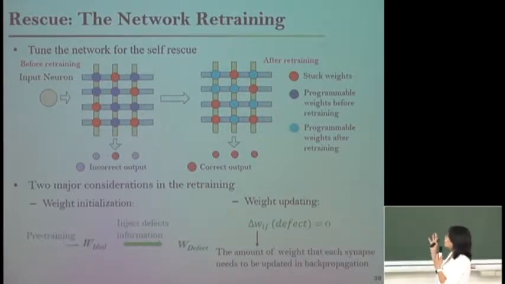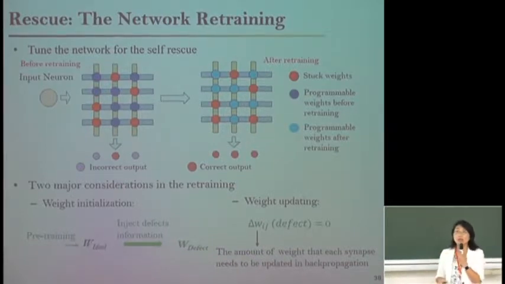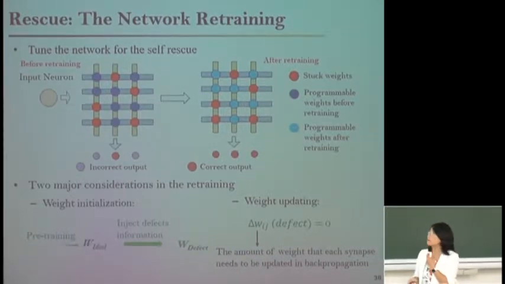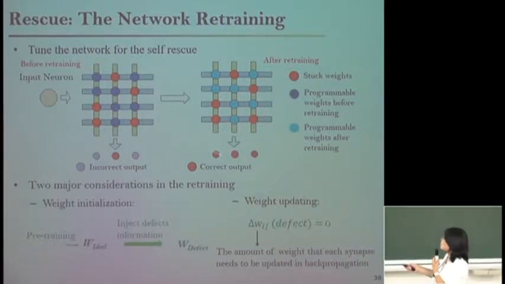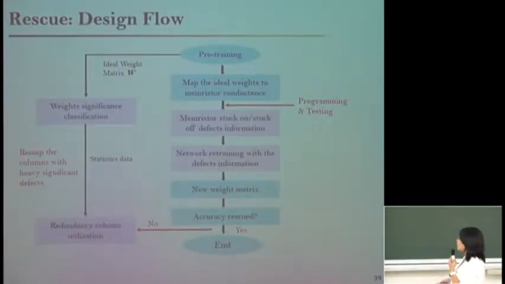For each single mapping, we can retrain, and during the retraining, we can identify the defects. We start from ideal mappings, then force the defective locations to be either high or low, and then we do the retraining. In fact, we find this methodology quite effective because the network itself has some self-sustaining capabilities. Many times it is able to recover itself.